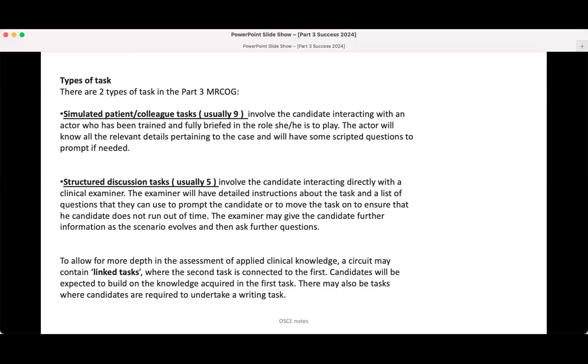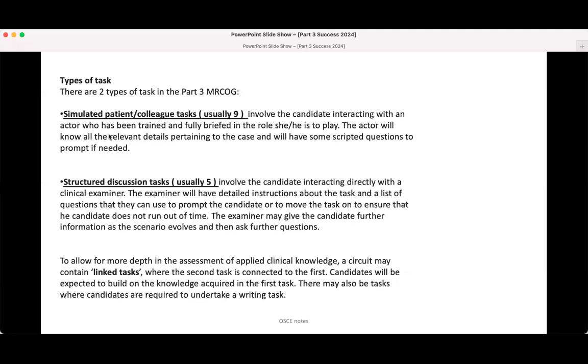Simulated patient, this is a task where you are sitting in front of a patient and the patient is a role player, acting as a patient in clinic or in the hospital or whatever the setting. She's asking you questions, and she has some concern or problem, and you are there to help her manage this problem and explain it to her in simple language, not in medical terms.